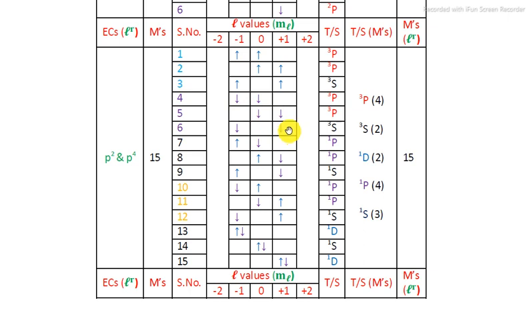Let us see the total spin multiplicity and number of unpaired electrons in all these 6 cases: 2 unpaired electrons, and total spin multiplicity is 3. And let us find the term.